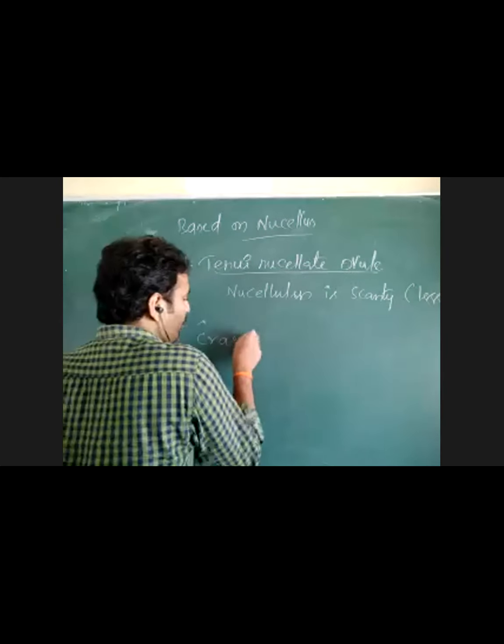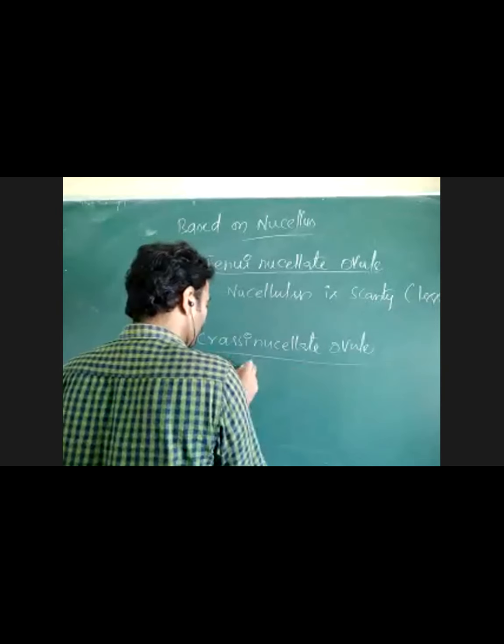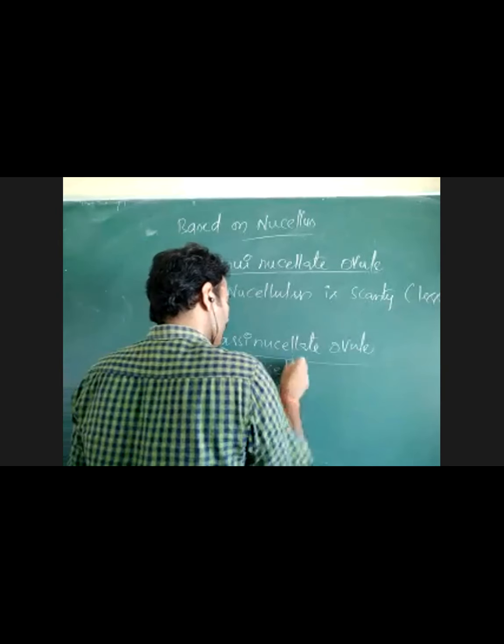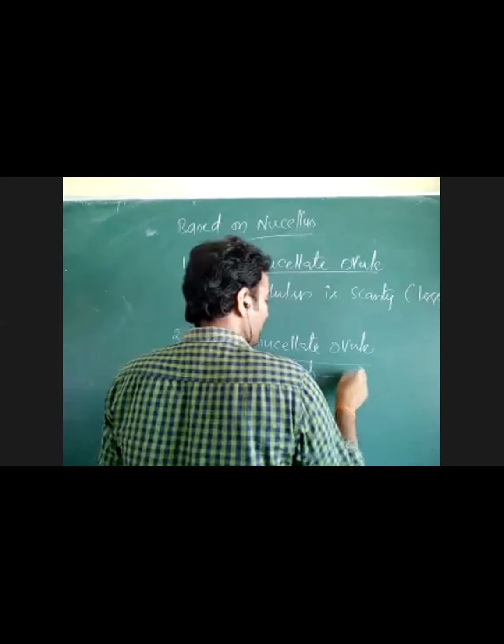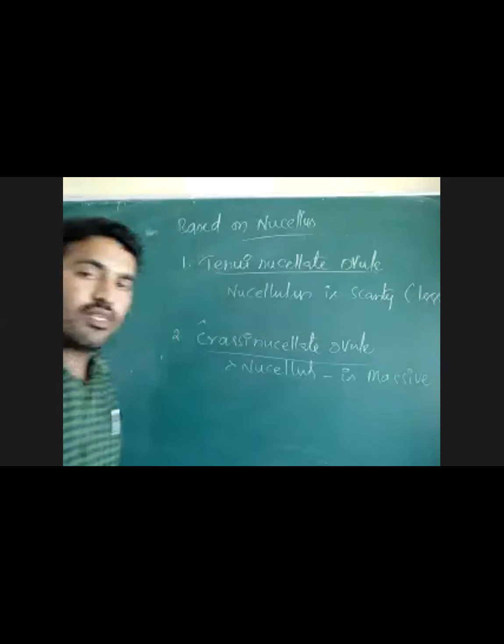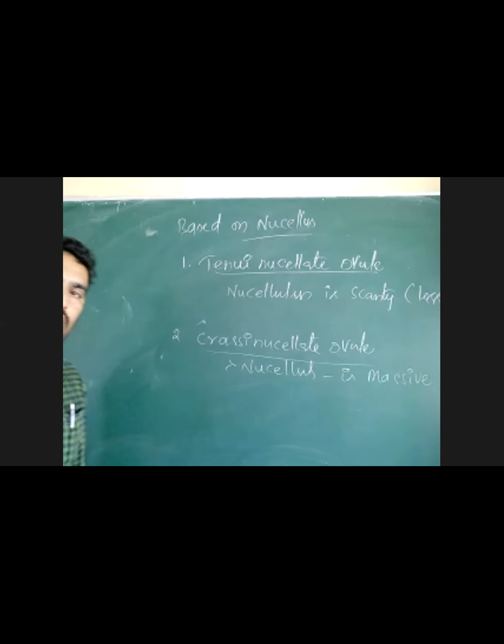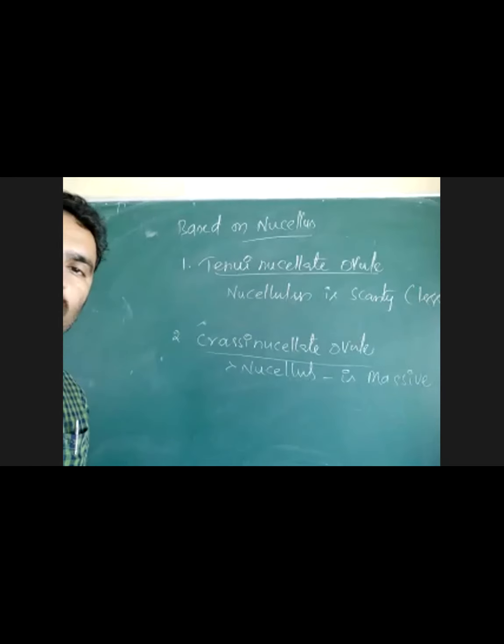The second type of ovule is called the crassinucellate ovule. In a crassinucellate ovule, the nucellus is massive. A mass of nucellus is present. Okay, see the two types.